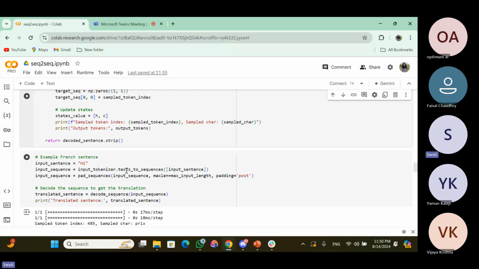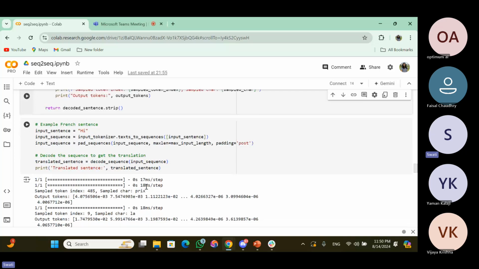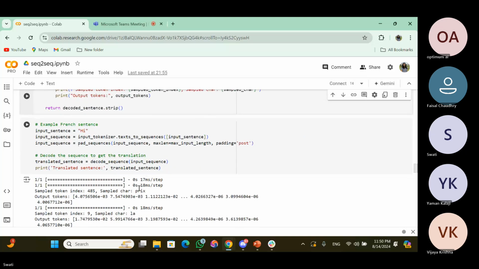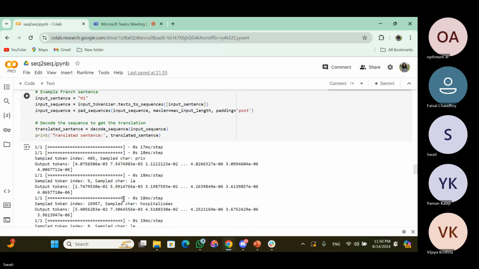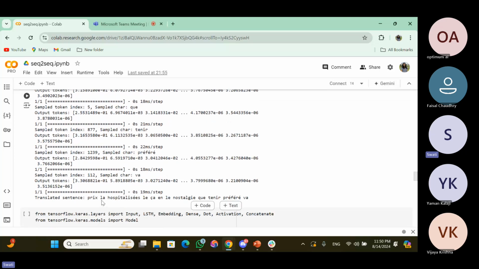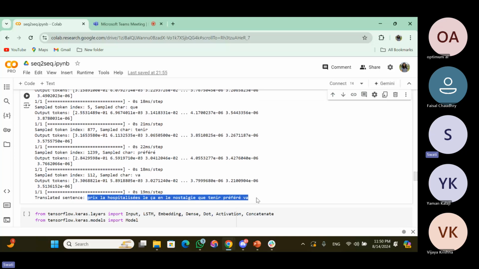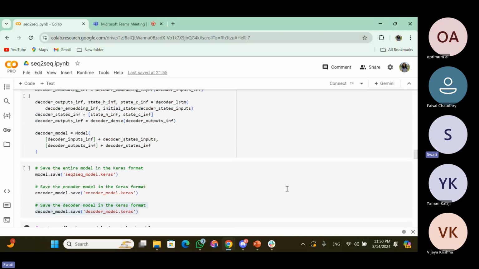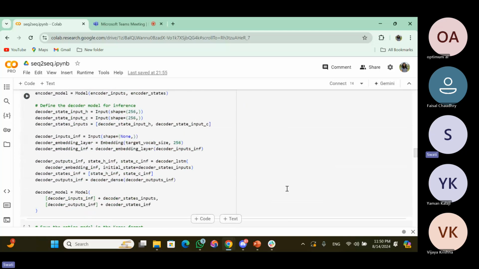First we tokenize it, change it to a sequence, then we do the padding, and then we use this decode sequence to get the translation. You can see the translation is taking many timestamps, and for hi it gave something different. From here you can see that my loss was too high, 0.73, so the results are also not good.